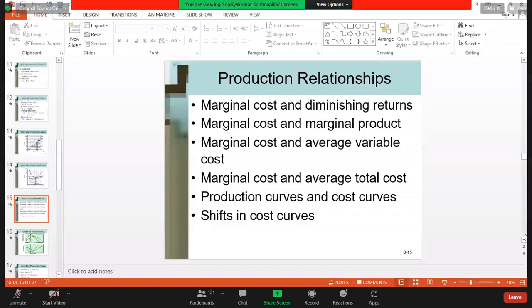If the marginal cost is below the average variable cost, it decreases. If marginal cost is above the average variable cost, it increases. The same for marginal cost and average total cost.